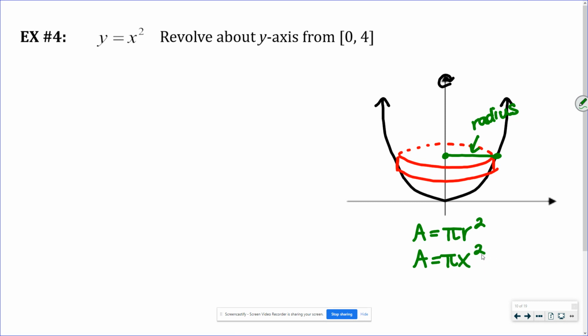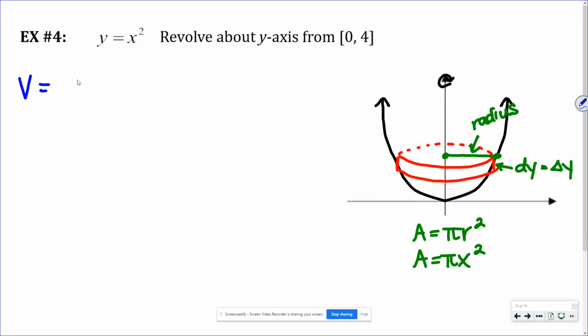So pi x squared. And then remember the width of each of your little sections or wedges is just called dx or dy. Now in this case, the width is vertical, so it's going to be called dy because it's equal to the change in the y values since this is going up and down.